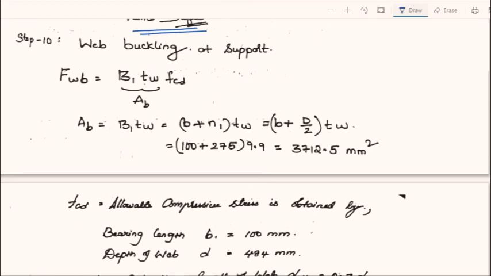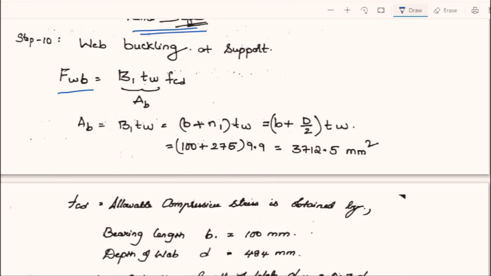Now come to step 10, which deals with web buckling at support. As I told you earlier, this web buckling or crippling condition can be checked at the support. That is sufficient. So what is the expression for FWB that we have seen earlier? That is B1 TW FCD.